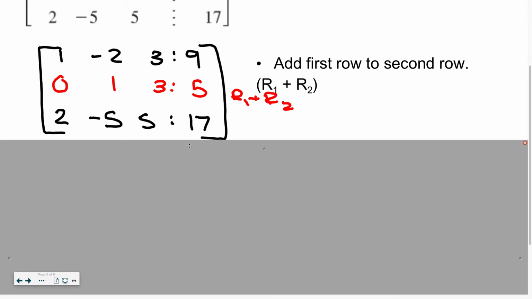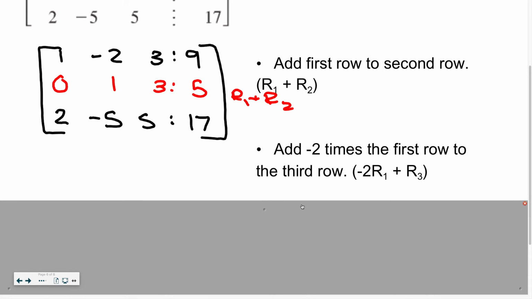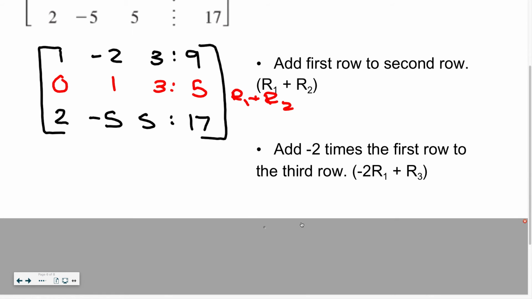Multiply row 1 by negative 2. And then if I were to add it to this row, it will come out to be 0, right? Which I need a 0 there. And that's really the only way I'm going to get a 0. So that's going to be the next step that the book tells you. Okay, add negative 2 times the first row to the third row.